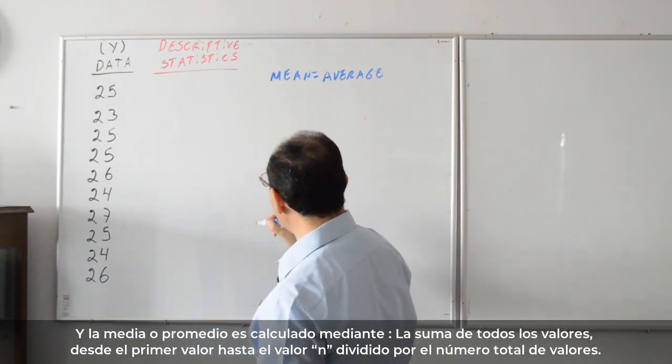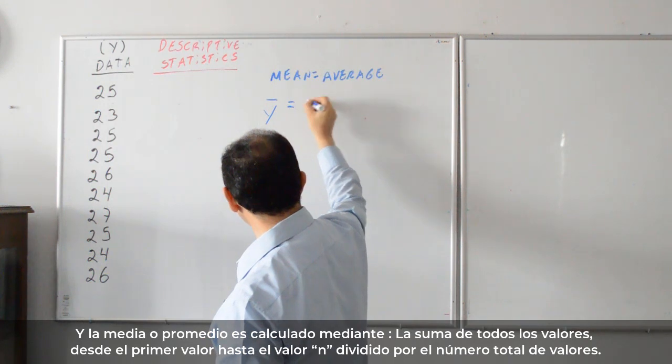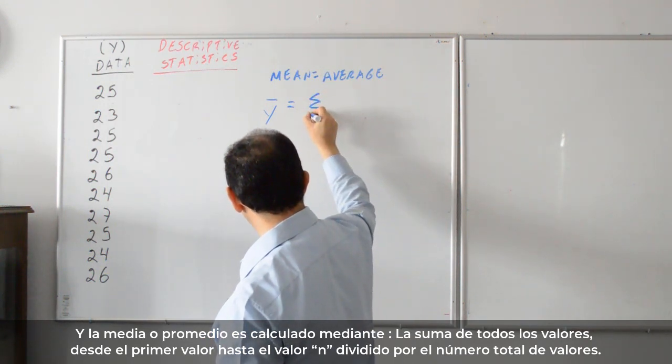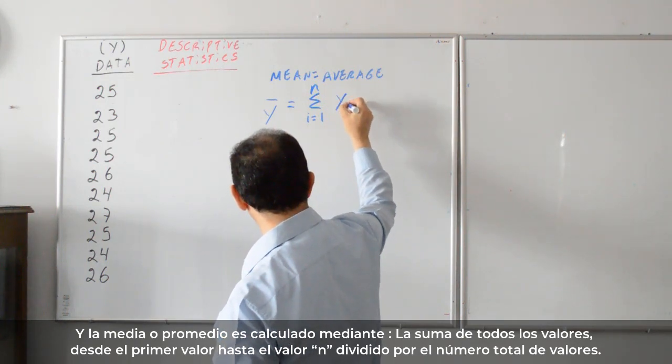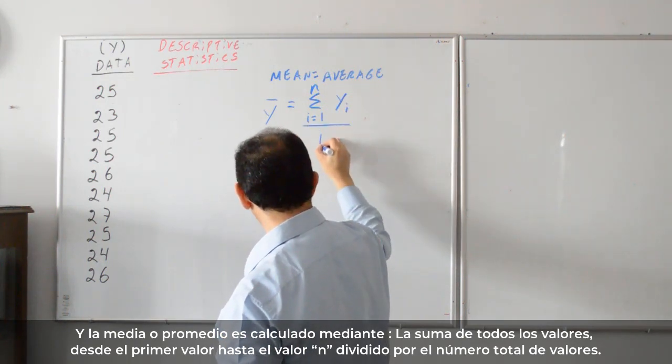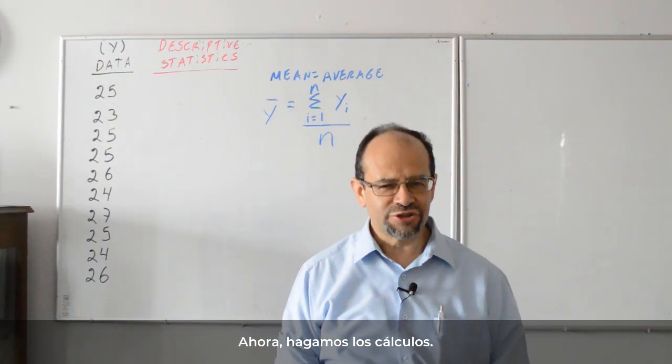The mean or the average is calculated by the sum from the first value to value number n of each value divided by the total number of values. So let's do the calculations.